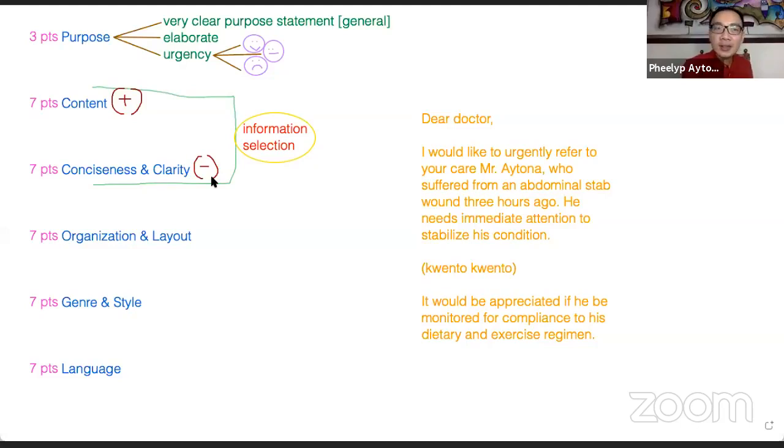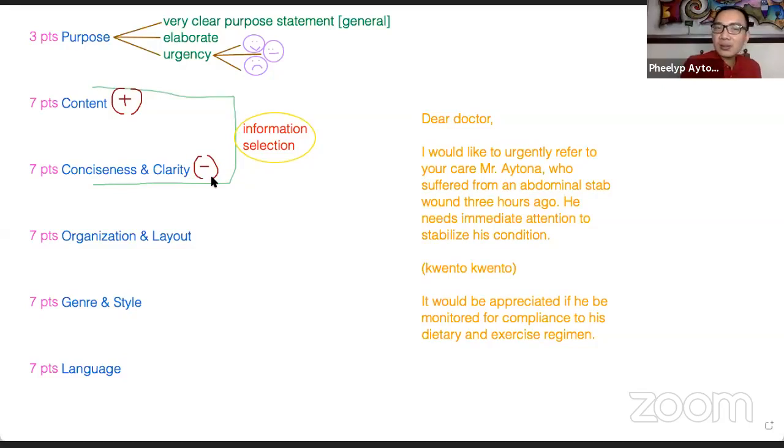On the other hand, kung nagpapamonitor ka ng medication compliance, do you think you need to inform the person na mahilig siyang mag-yoga during the weekends? What do you think? Wala, di ba? That has nothing to do with anything. I agree with you. So that would be an irrelevant detail.